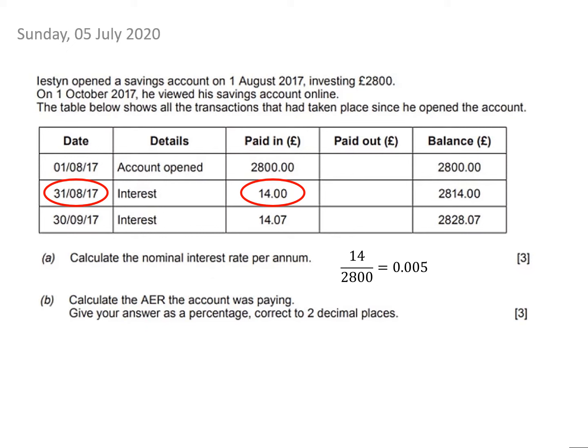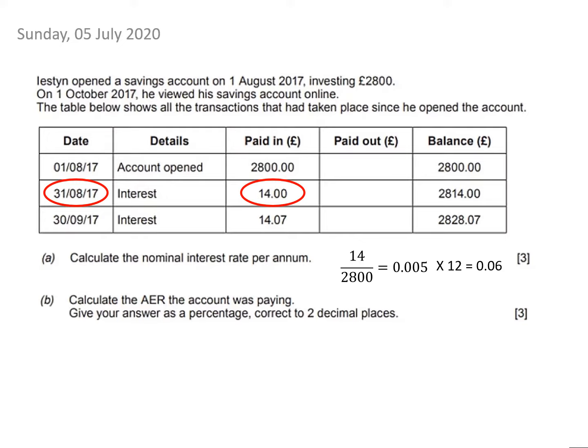So that's our interest rate as a decimal for 1 month. For the month of August, we got 0.005 interest. So our nominal interest rate per annum is going to be our monthly rate times 12, which gives us 0.06. So that's our nominal interest rate as a decimal.